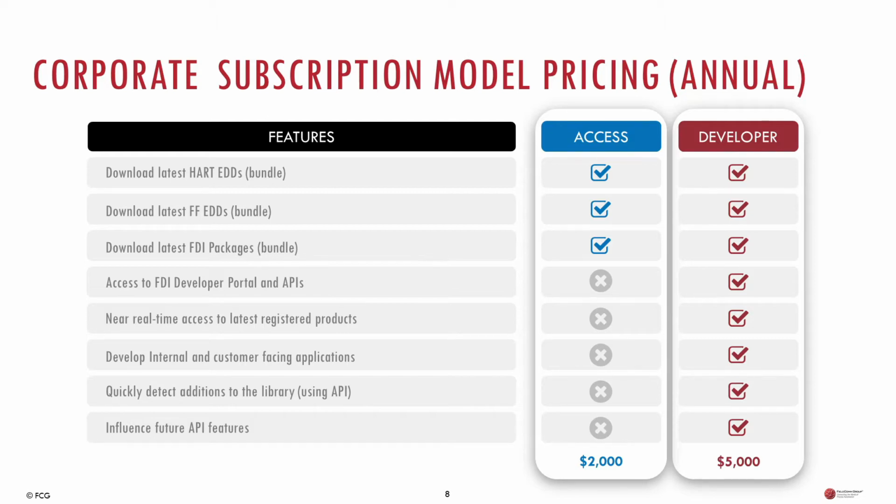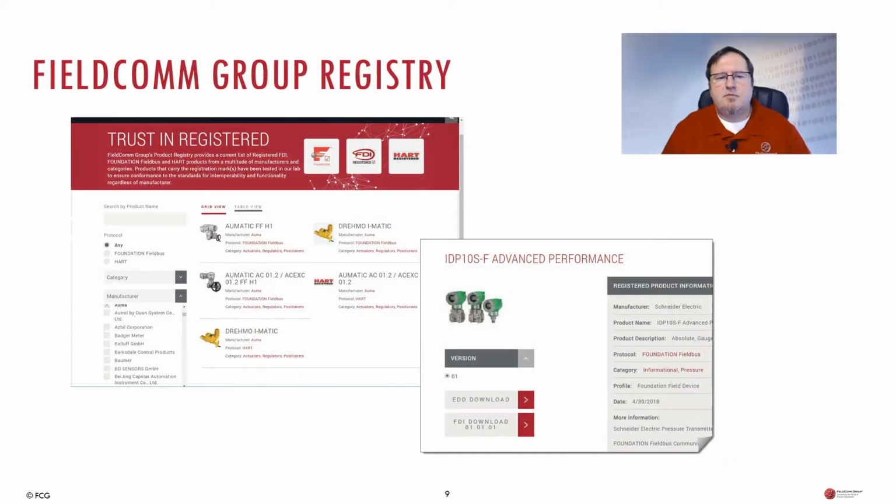As we register a product and put it in a registry, turns the product registry, it's available now and immediately. So there's a little bit of performance enhancement available on the developer versus the access, though both certainly offer access to both of those.